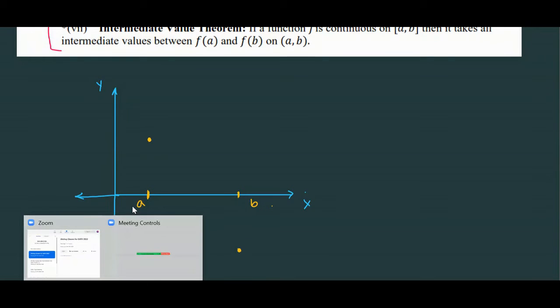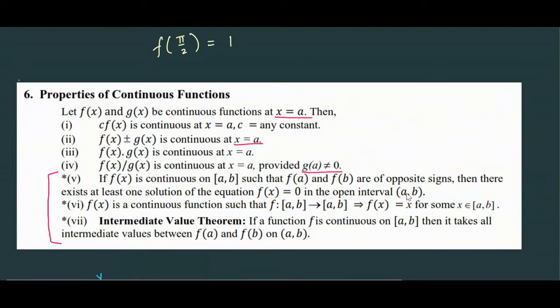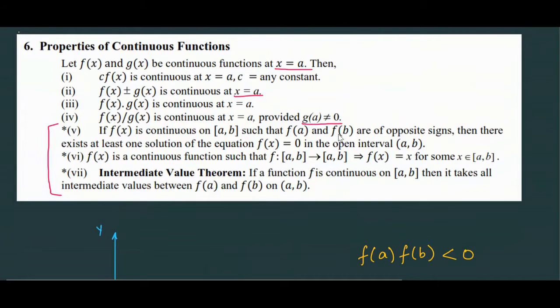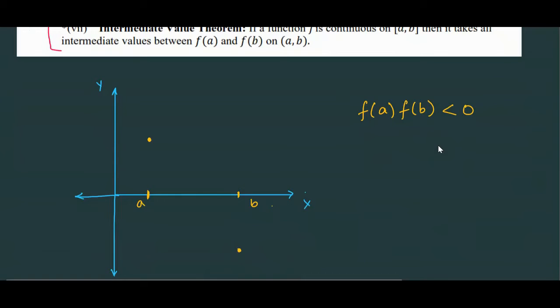Let's say f of a and f of b are of opposite signs, which means f of a into f of b is negative. Product is negative means they are of opposite signs. Sometimes it is said verbally that f of a and f of b are of opposite signs, or it is mentioned in mathematical language as f of a into f of b less than 0.